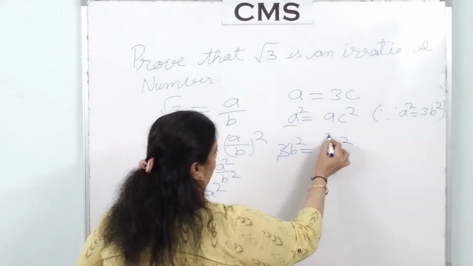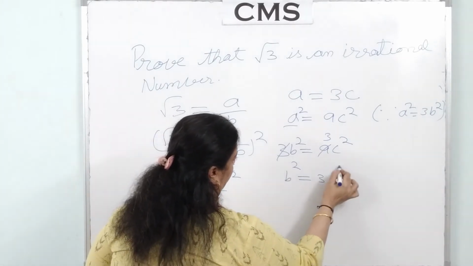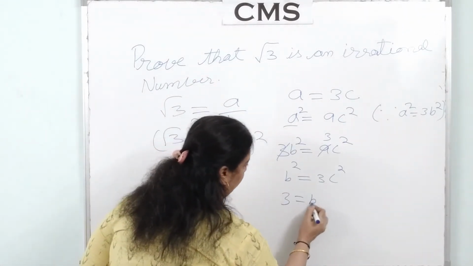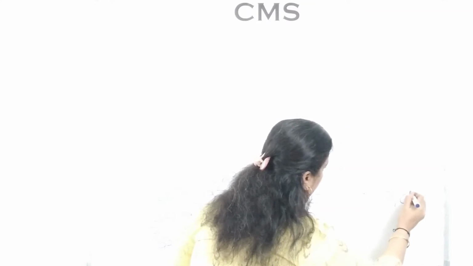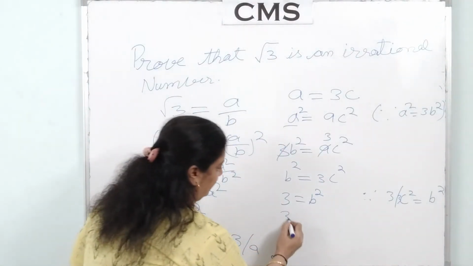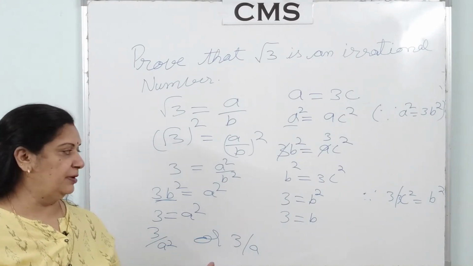That will cancel, so it becomes b square equals 3c square. So 3 divides b square, because 3c square equals b square. Then it is written like that: 3 is divisible by b also.